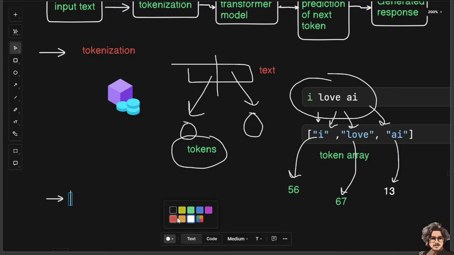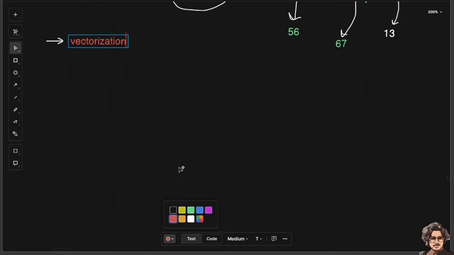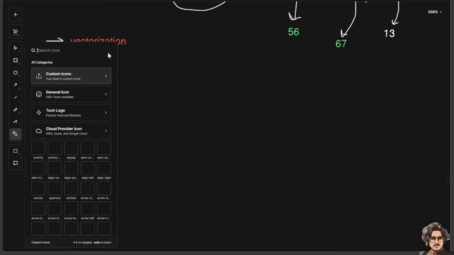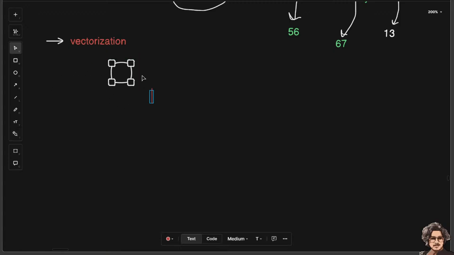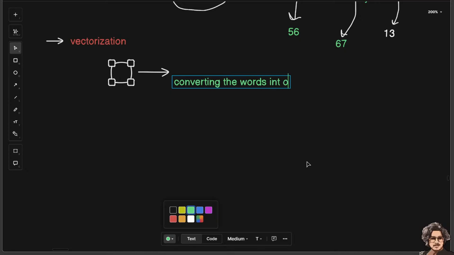Vectorization is converting words into numerical vectors.